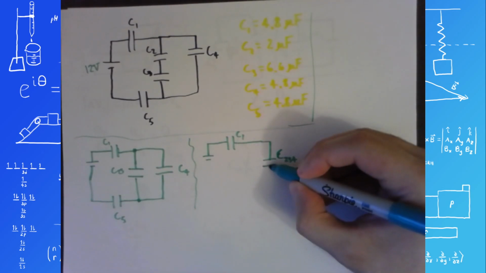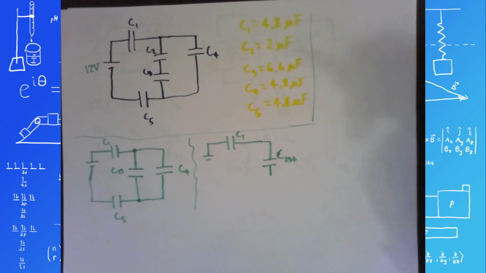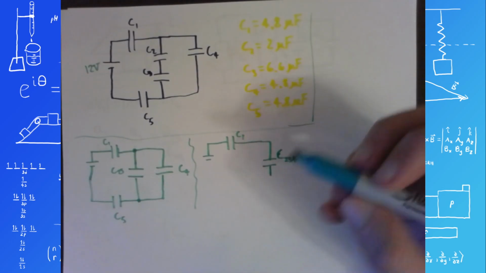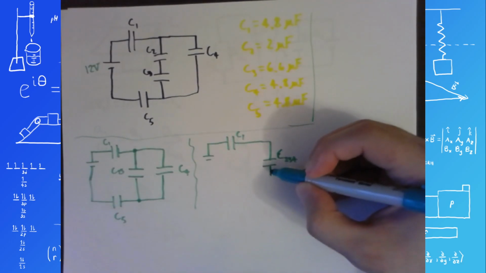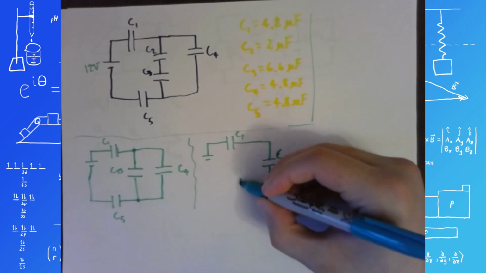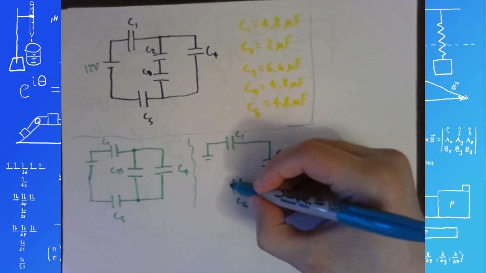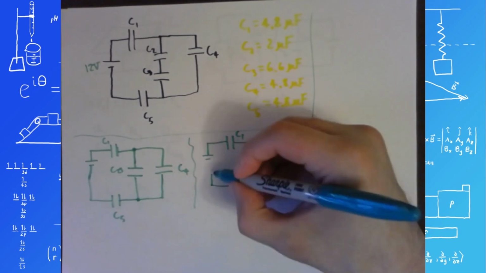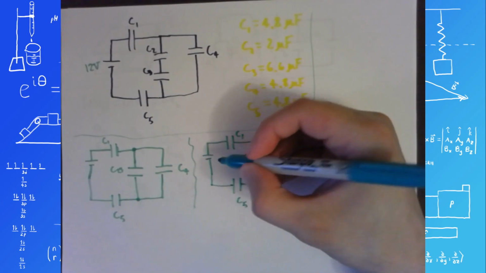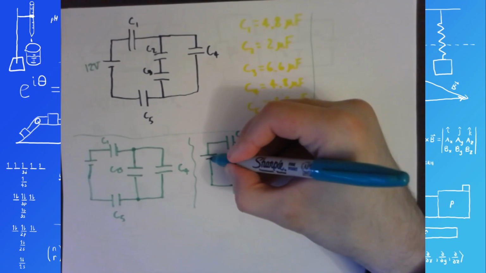But usually we don't deal with that many capacitors in a single circuit, at least not for book problems, so I wouldn't worry about that too much. And C5 is still like this.